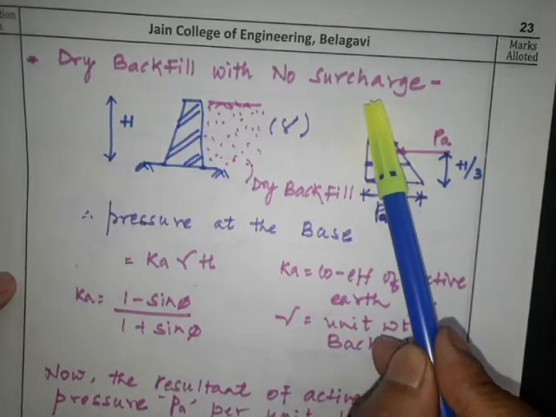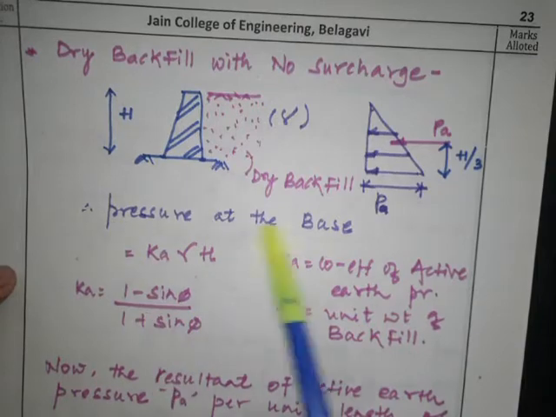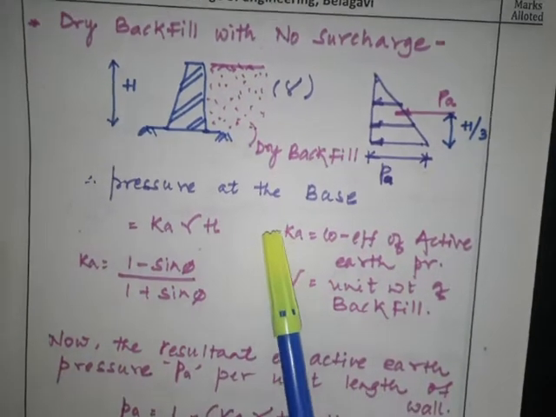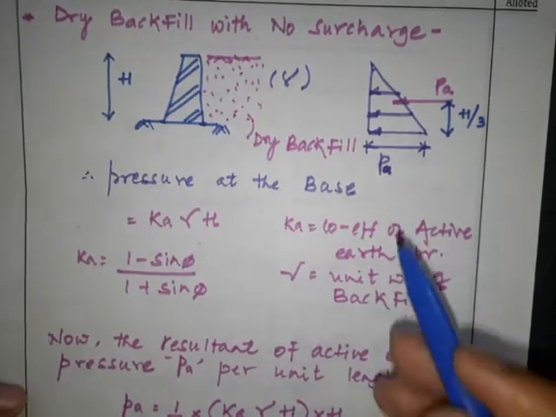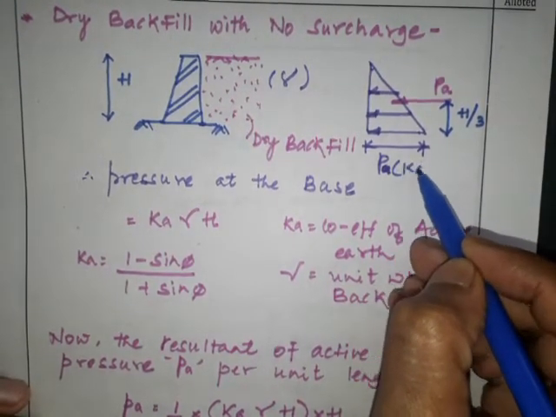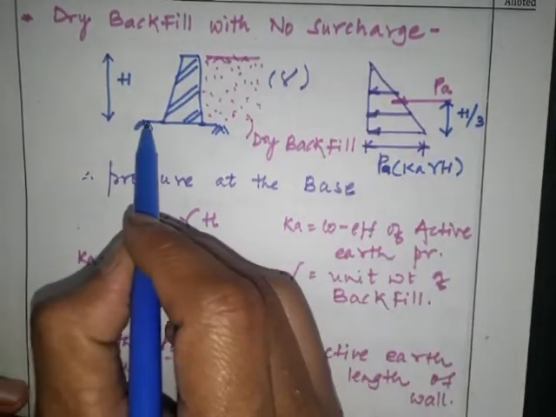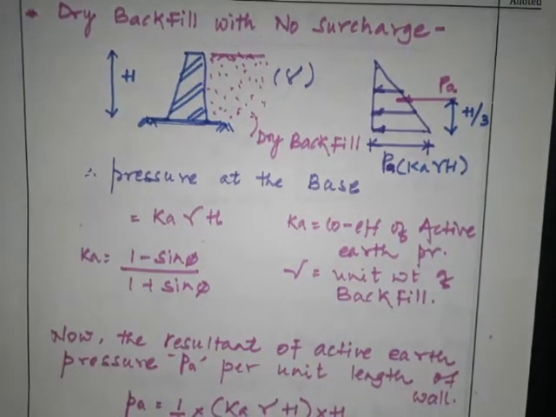This will develop a triangular pressure distribution. The active earth pressure at the base of the retaining wall will be Ka into gamma into h.